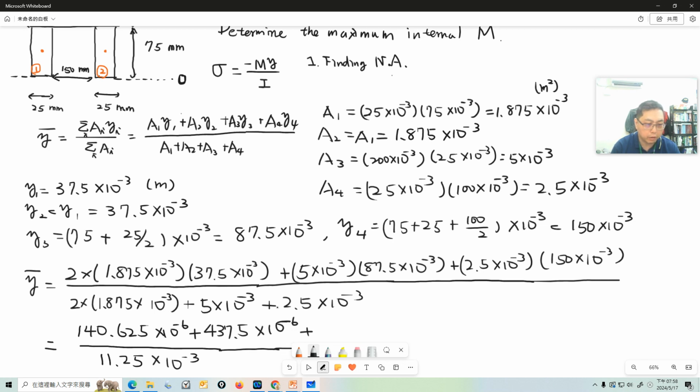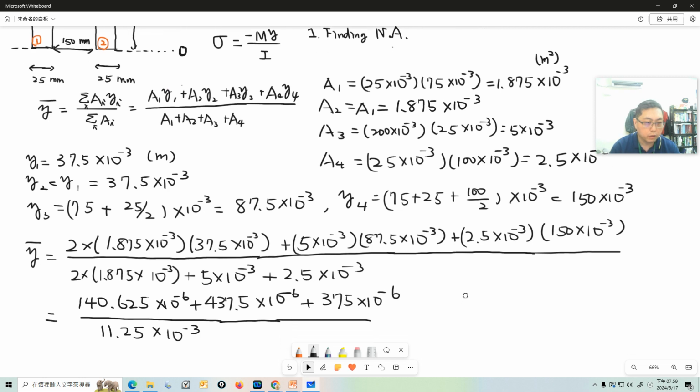And then 375 times 10 to the power minus 6. So we keep doing the calculation. This all in 10 to the power minus 6 looks very nice, so just add these 3 terms. You will have 953.125 times 10 to the power minus 6 over 11.25 times 10 to the power minus 3.